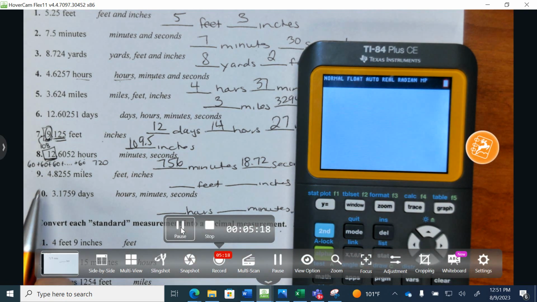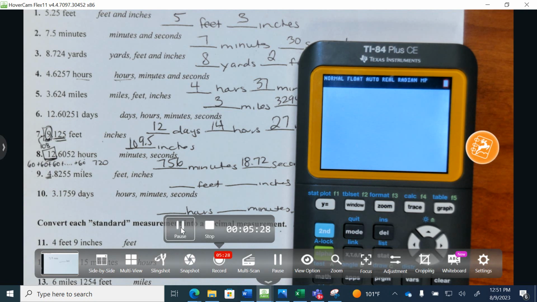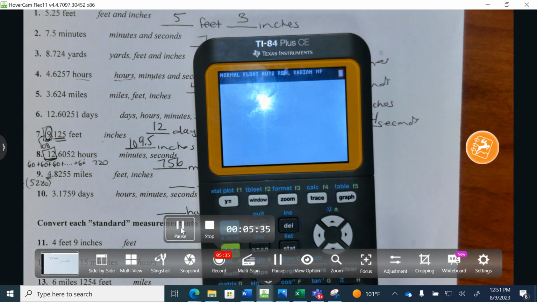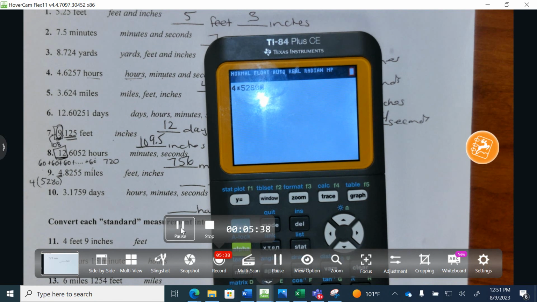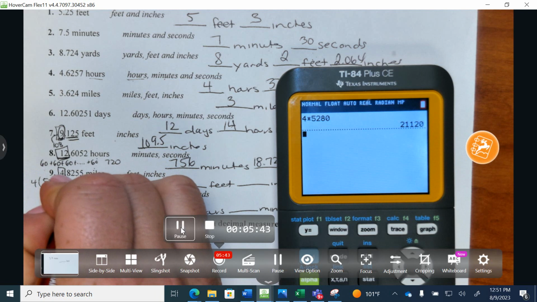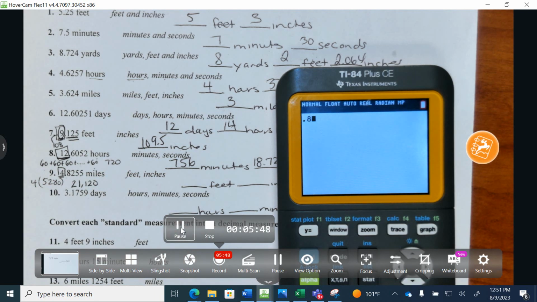Let's go on to the next part. How many feet and inches are in 4.8255 miles? Well, each one of these miles, all 4 separate miles, consists of 5,280 feet. So each mile, and there's 4 of them. So I'm taking 4 times 5,280. Okay, this is how many feet I have just from this portion. Now I'm going to take the remainder, and I'm going to ask how many feet are in a mile.